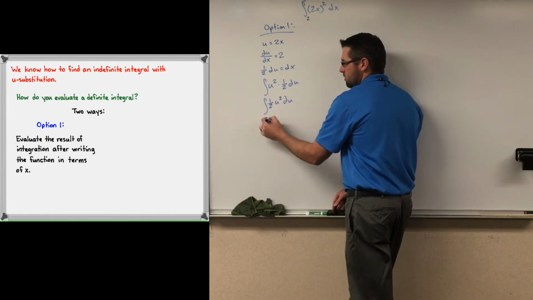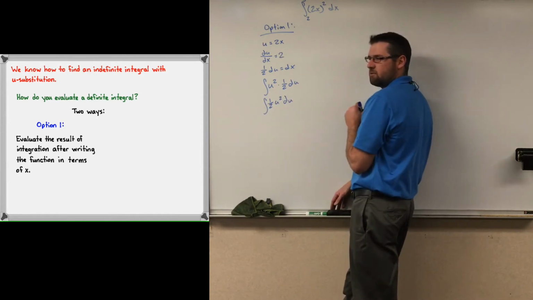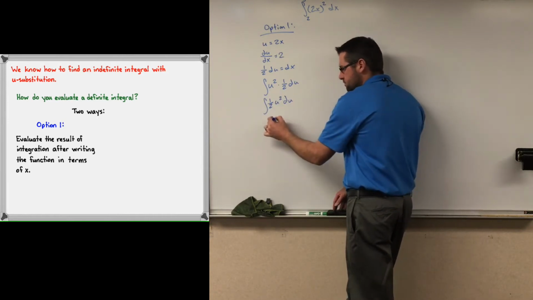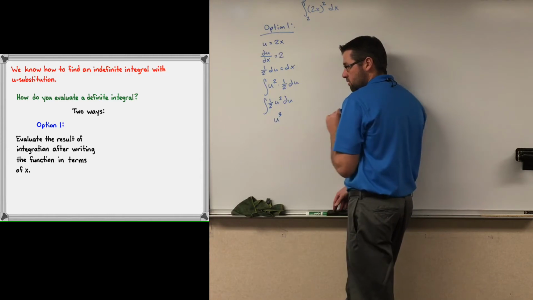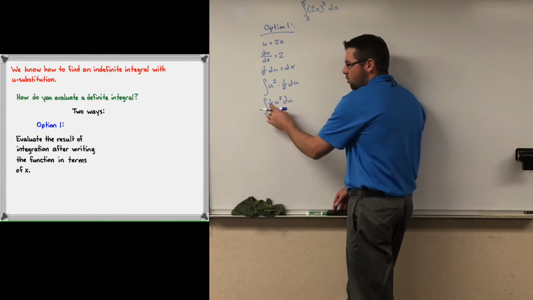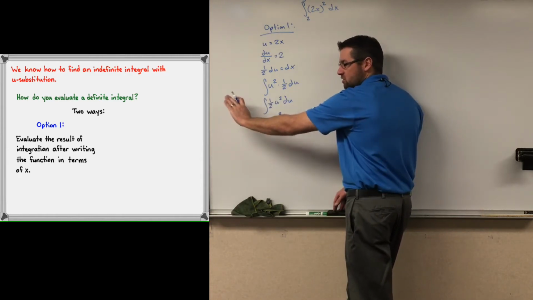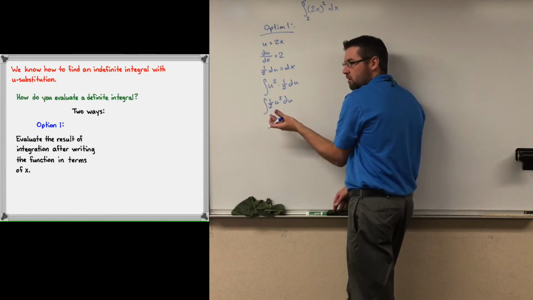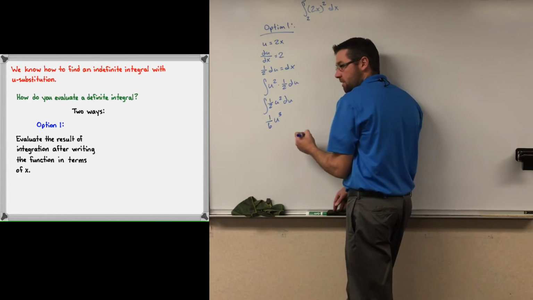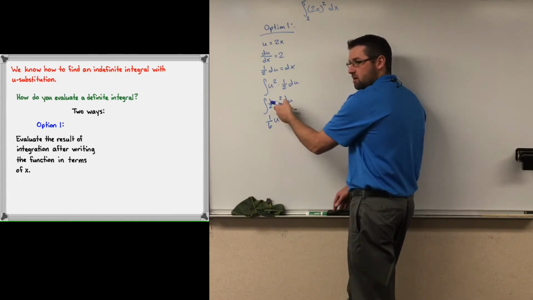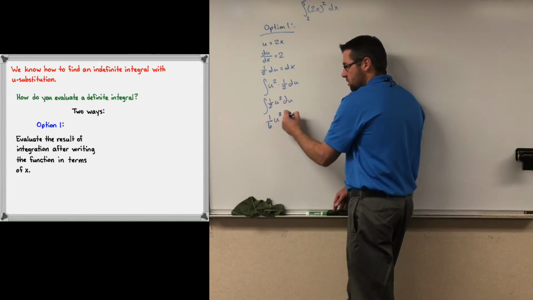What's the antiderivative of u squared? Remember, the 1/2 can go outside. u to the third over 3. Now bring the 1/2 back in: 1/6. What kind of integral is that? Indefinite, so I'm going to put a plus C there.